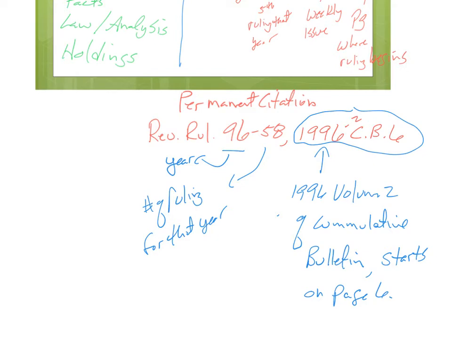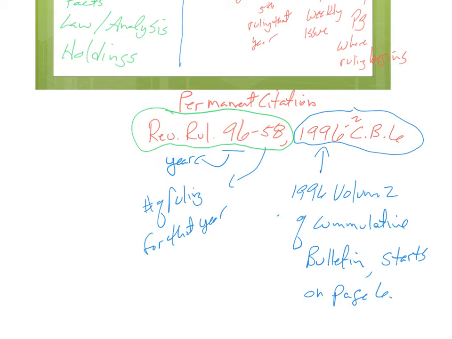Nowadays, you don't. Now we have these electronic tax databases, and so you don't need this whole permanent citation in order to find your revenue ruling. All you need now is this portion. Okay, you need to know that it's the 58th revenue ruling issued in 1996.